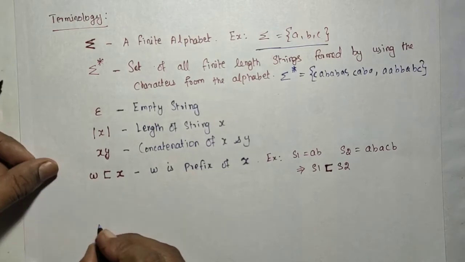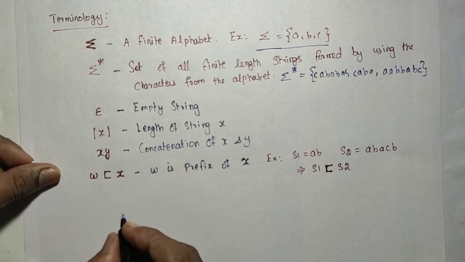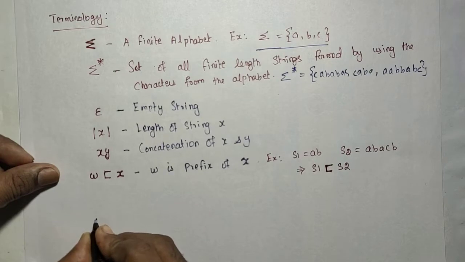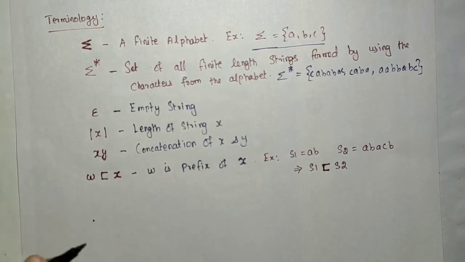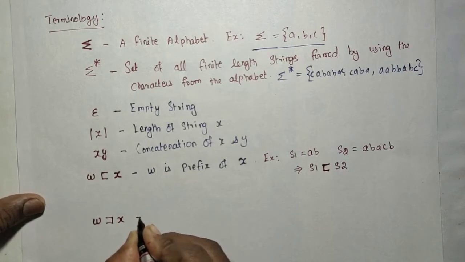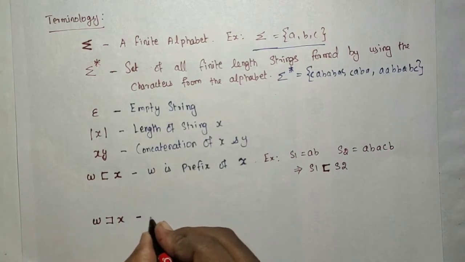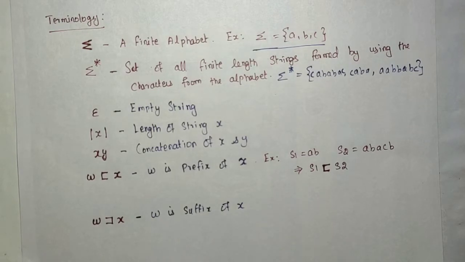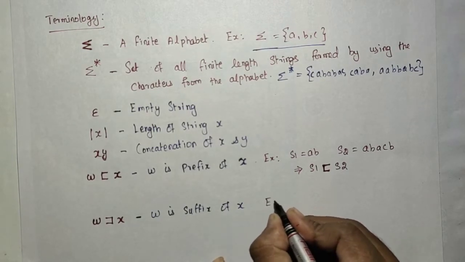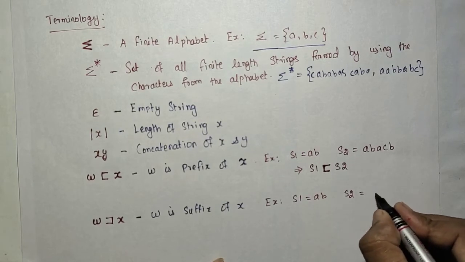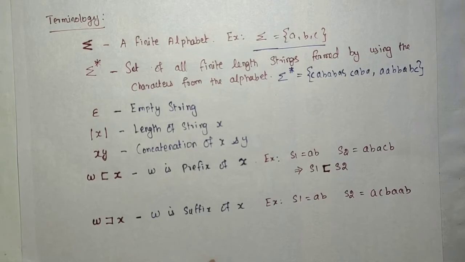Similarly, another representation is there: W and the suffix symbol, and X. The meaning is, W is the suffix of X. Example, S1 equals AB and S2 equals ACB... here S2 ends with S1.